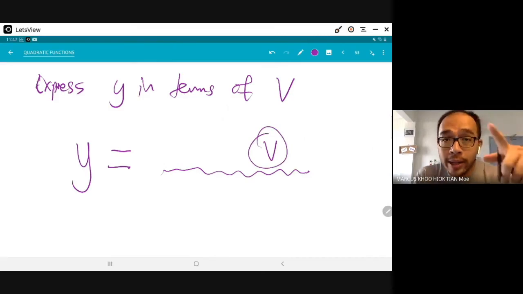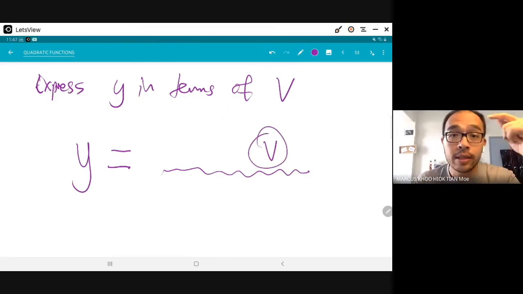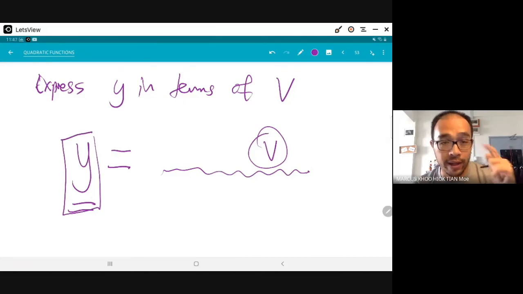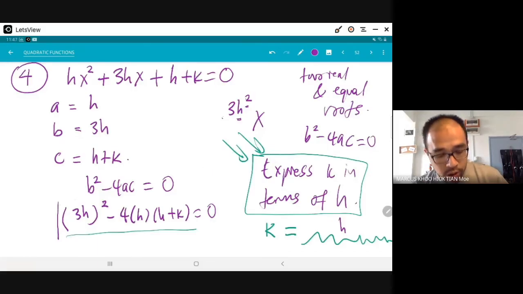Sometimes there can be 1 letter v, sometimes there can be 2 letters v, sometimes there can be v squared. Also no problem, as long as the one that I want to express is on the left hand side. That's the most important one. So I want you to try to do this now.